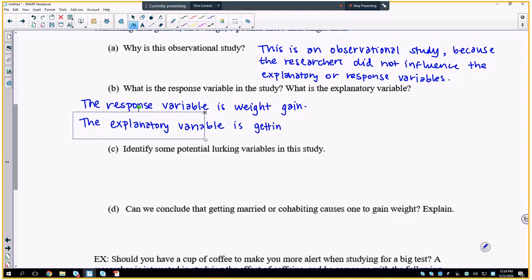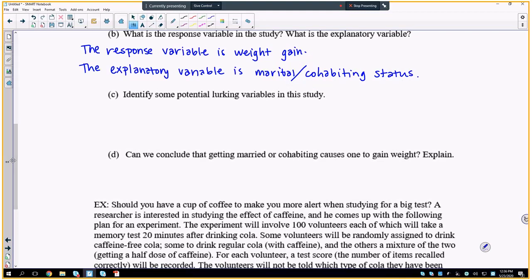So we could say marital status. So according to our study, the result might be weight gain and the cause might be getting married or staying single.